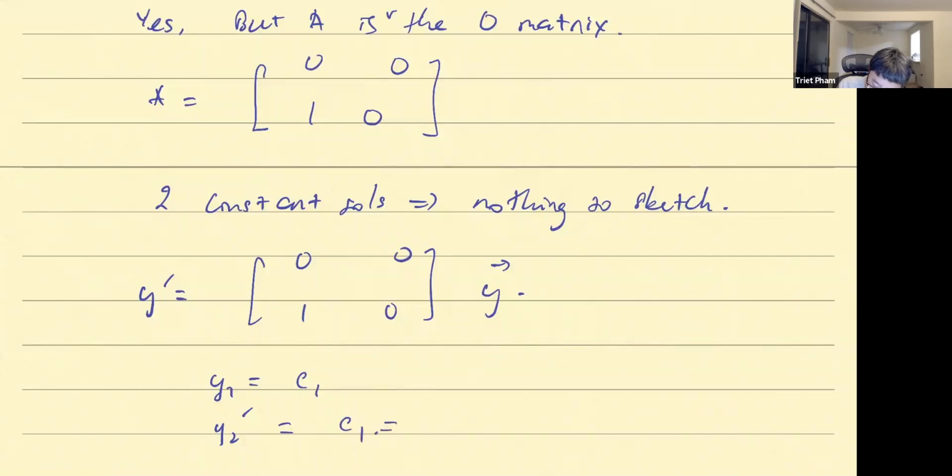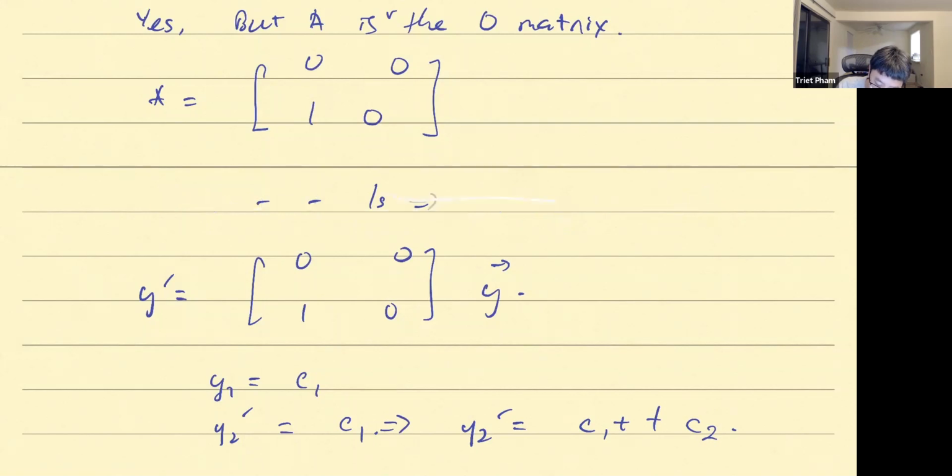So I think you're right. y2 is c1t plus c2. You're right. Interesting. So it's not two constant solutions. Thank you, I was wrong there. I was thinking of the case when the matrix A is purely the 0 matrix, then that's true. In this example I gave, it's not true. One of the solutions is like this.